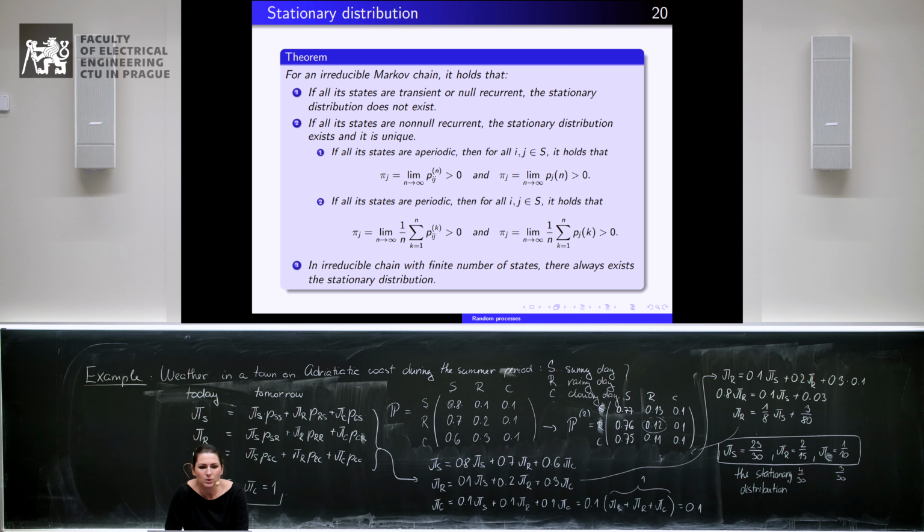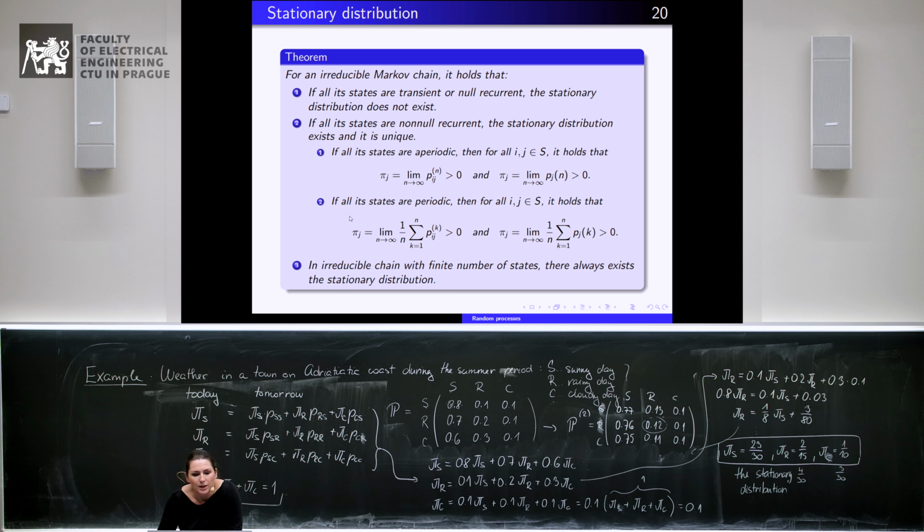One more theorem considering the stationary distribution is the following. Concentrate on point 2. Let's suppose that the stationary distribution exists.